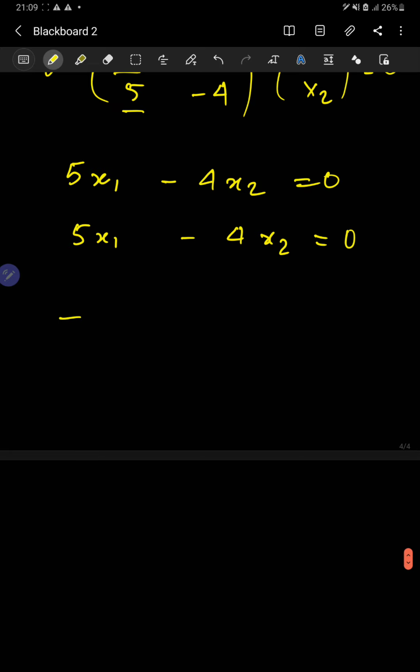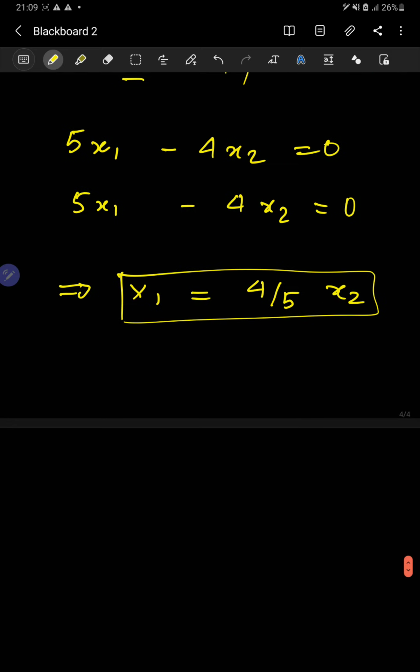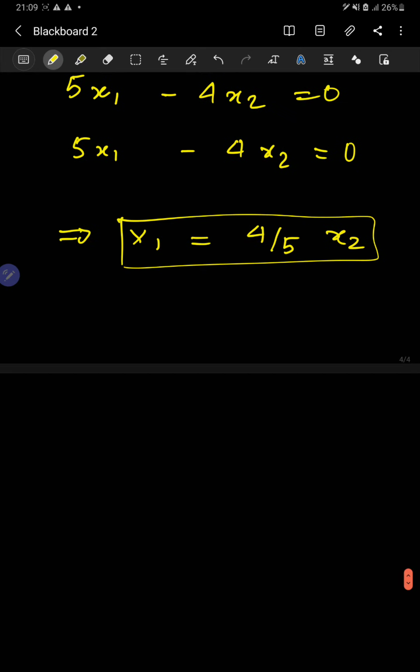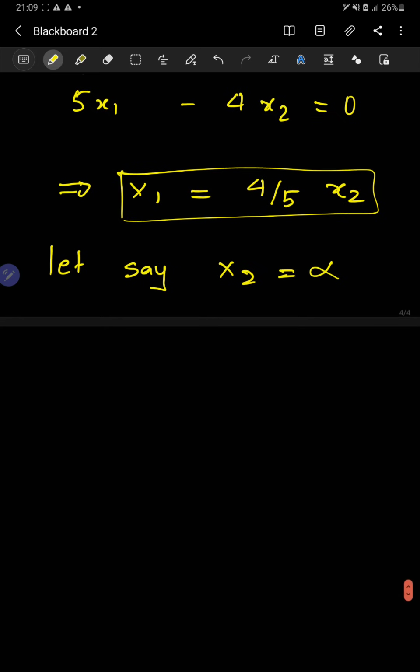So they're basically the same equation, and x1 equals 4 over 5 x2. We don't have a specific value of x2, so x2 is basically free. It can be any number. Let's say x2 equals alpha, where alpha is any number you can imagine.